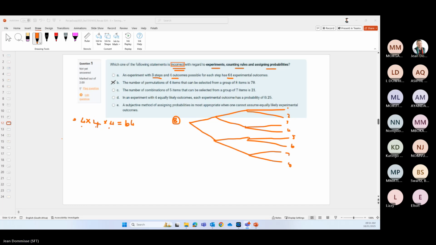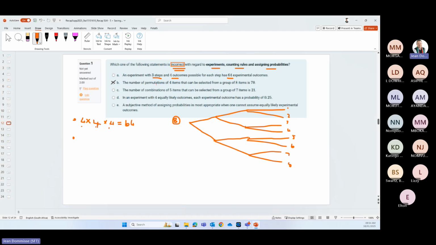The bigger it becomes, the more space you need, but this is just a visual representation of how it will look. If I talk sometimes about tree diagrams, this is how we do it, but you don't need to do that. Okay, let's look at the next one.